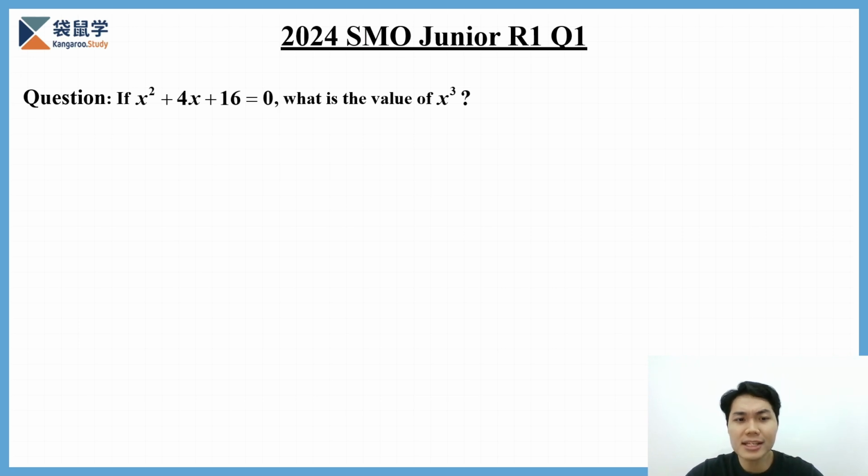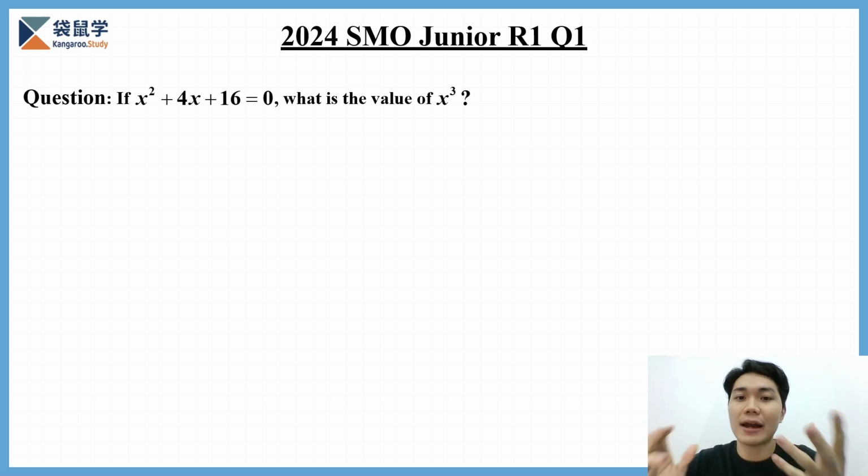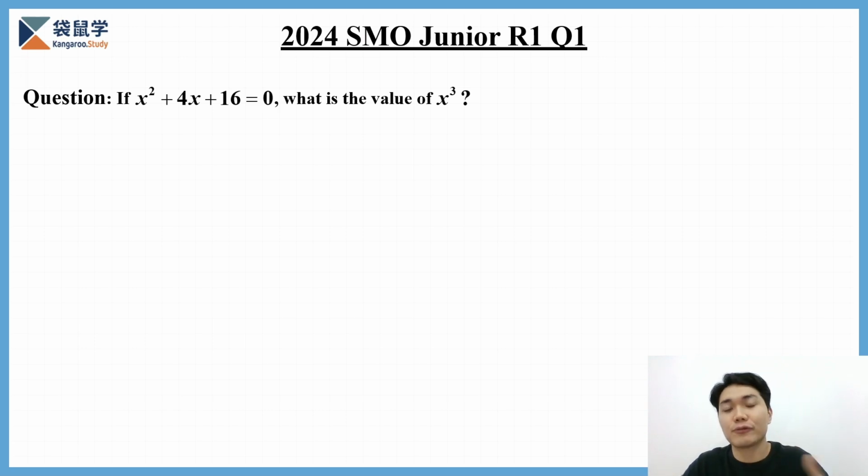So we see that x squared plus 4x plus 16 equals 0. This is an equation. And some of you who have learned algebra will see, when you find an equation, the first instinct is to solve it, right? Or find the value of x. And to find x cubed, we can just cube it. But if you look closely at this equation, you realize there's a square.